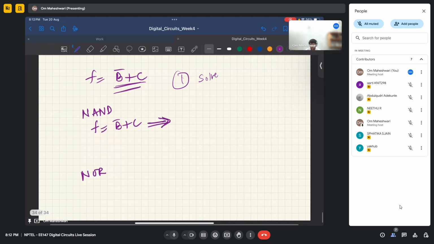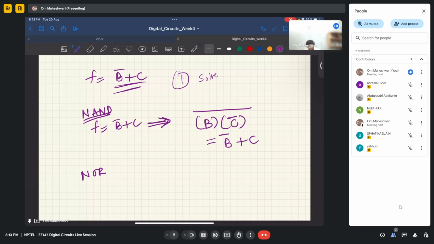NAND formulation is always something into something bar, right? So what should I do here so that I get this? I can have this C bar, I can have this B. If I do this, I will get B bar plus C, right? This is what I want.